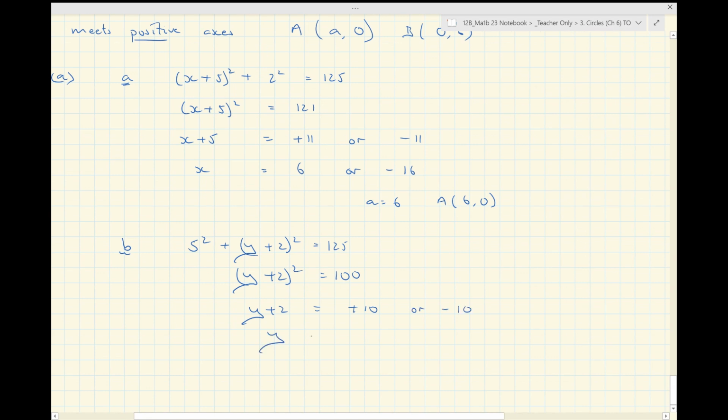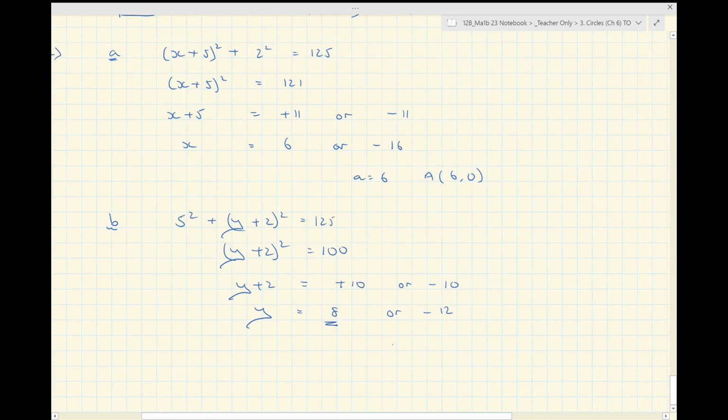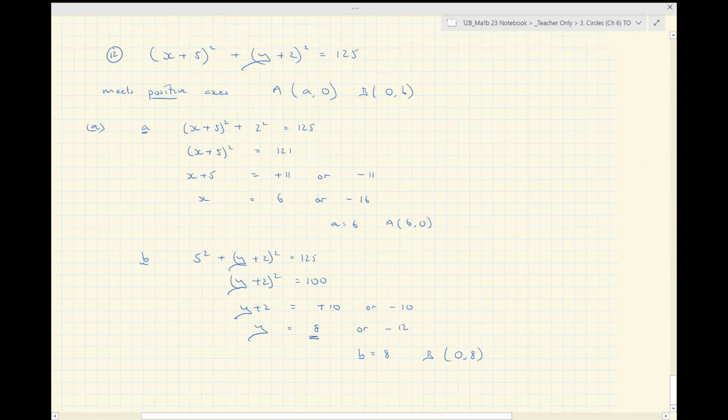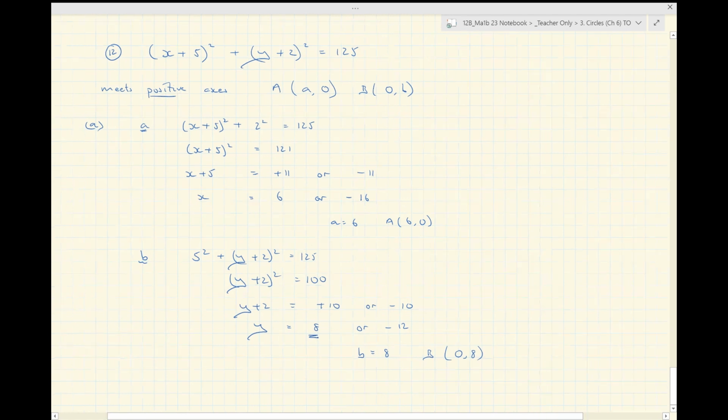So y is going to be 8 or minus 12. And again, I know that I'm dealing with the positive axes. So I know here that little b must be 8, and the point B is 0, 8. So I found A, B, and I've completed part A of question 12.